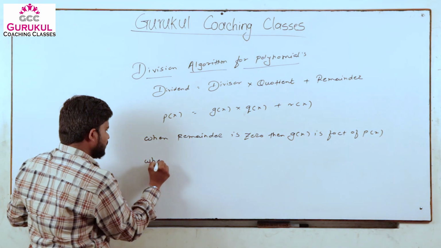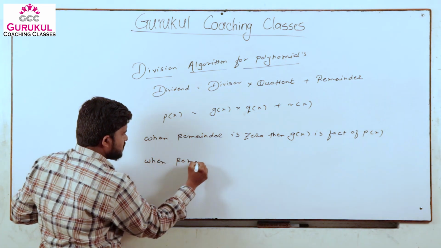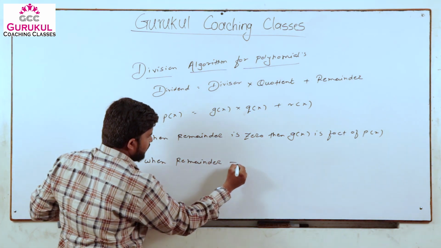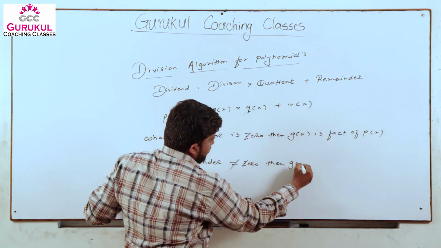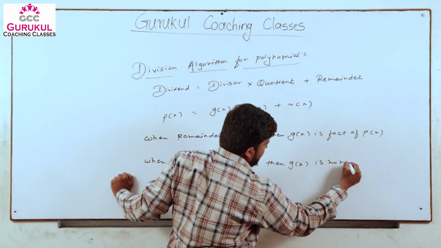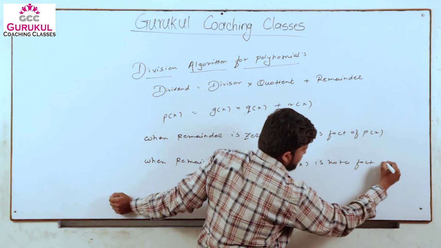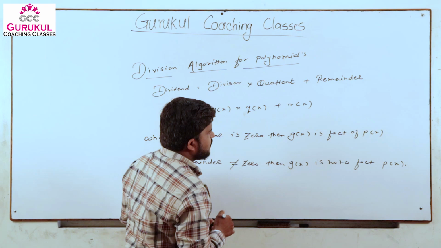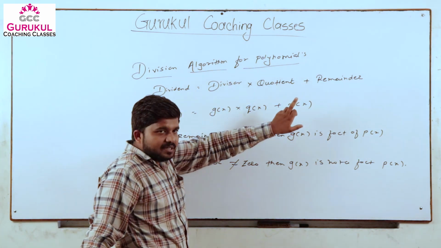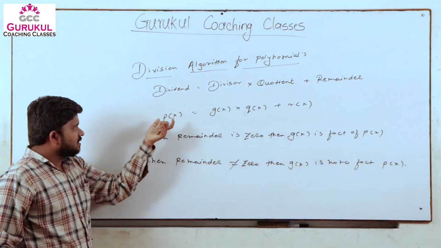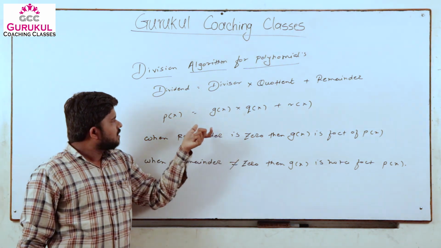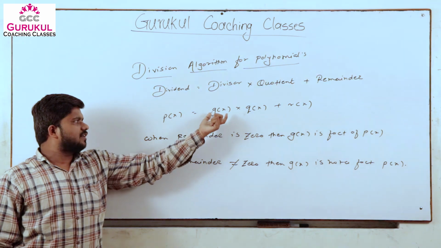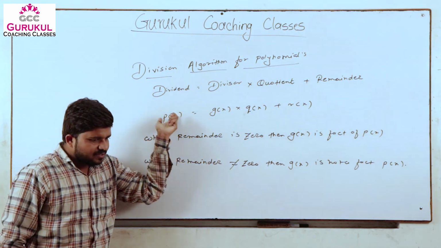Second, when the remainder is not equal to 0, then g of x is not a factor of p of x. When remainder is 0, then g of x is always a factor of p of x. If remainder is not equal to 0, then g of x is not a factor of p of x. Now let's solve the example.